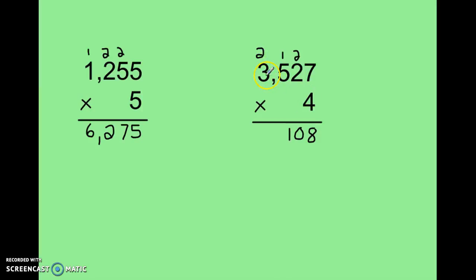And 3 times 4 is 12, plus 2 is 14. So I ended up with 14,108. So today we learned how to multiply with thousands.